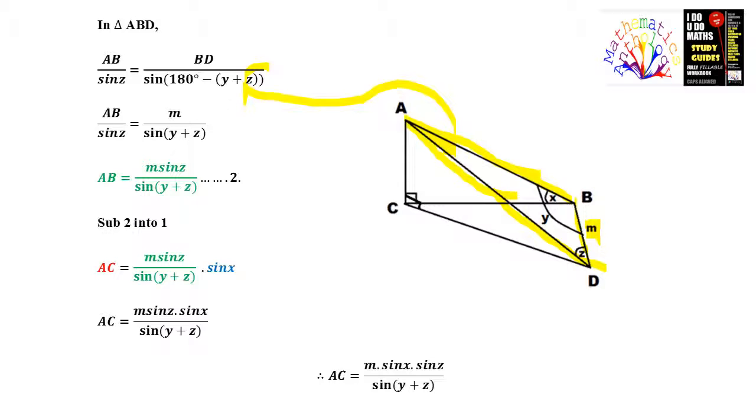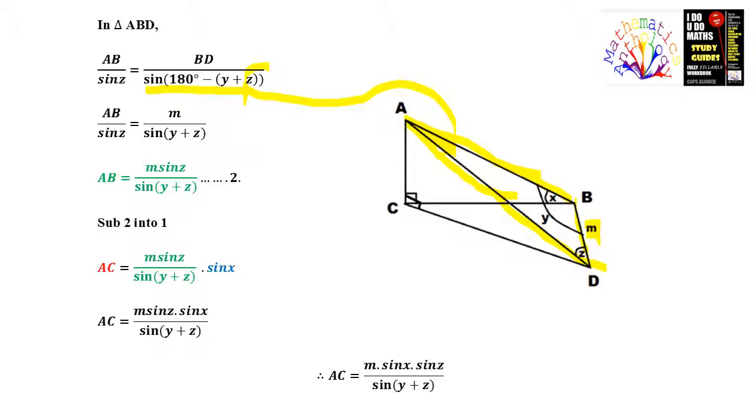That's in triangle ABD. So I'm going to use the sine rule, and I'll use AB over sine of Z is equal to BD over sine of A, where A is 180 minus Y plus Z. Okay, so I'm going to cross multiply here. Actually, let's just simplify first. This bottom, the denominator of the second fraction, let's simplify that. 180 minus is the second quadrant, so we're using reduction formula here to simplify the denominator. 180 minus is in the second quadrant, and I know that sine is positive.